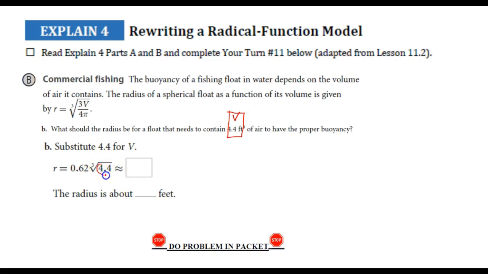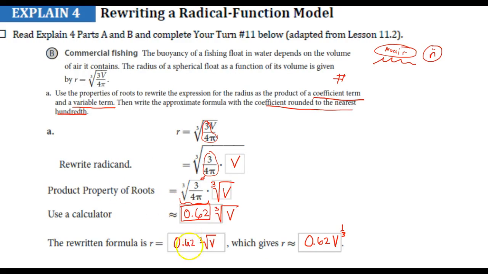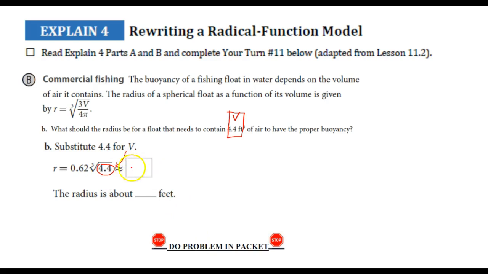We are plugging in 4.4 for volume, and our coefficient was correct, 0.62. Awesome. So again, take some time, calculate this out, and what would the radius be? The radius would be about 1.01. So that'd be about 1.01 feet.